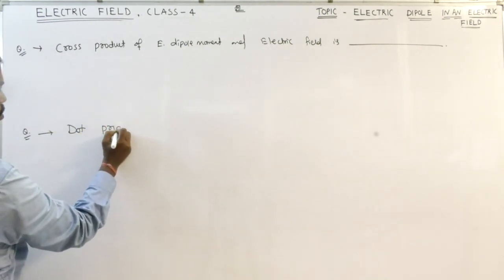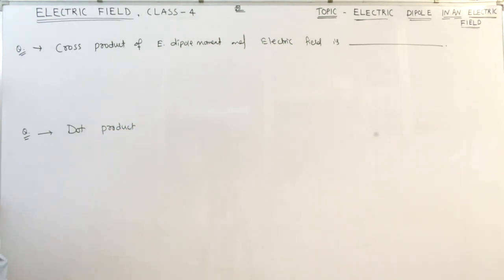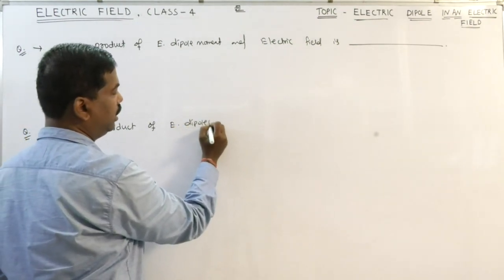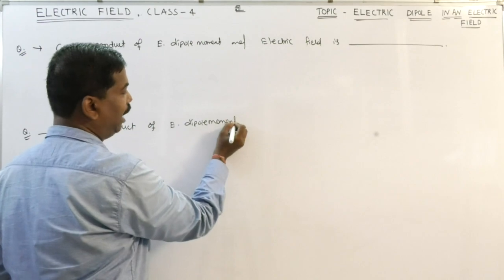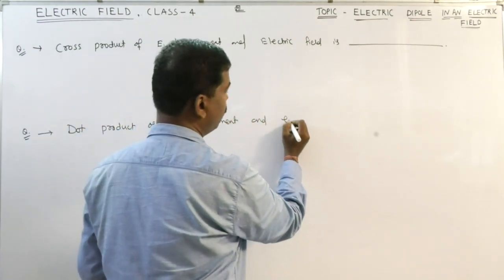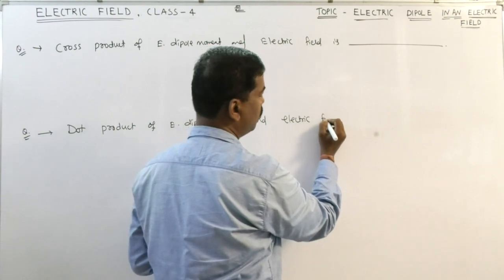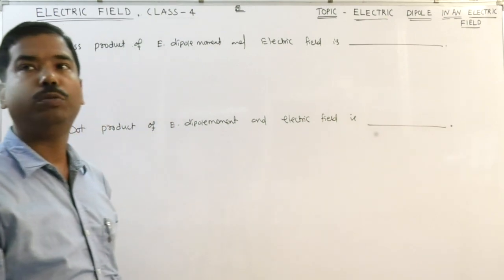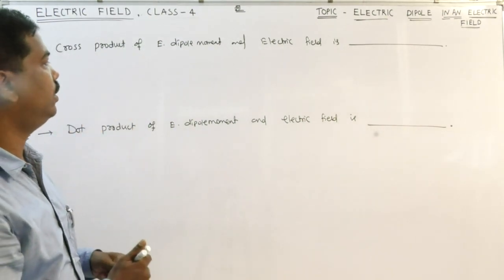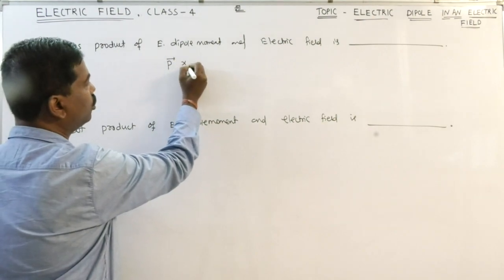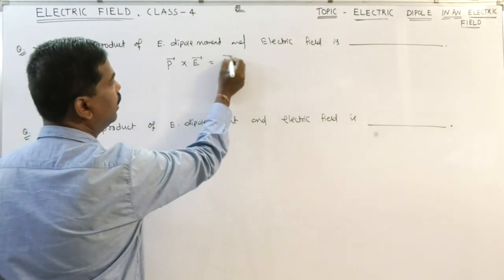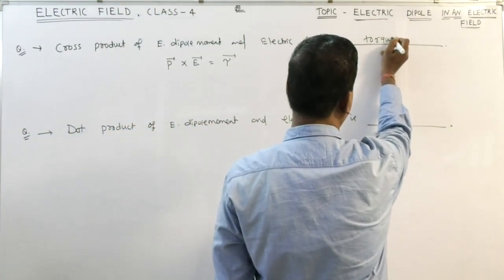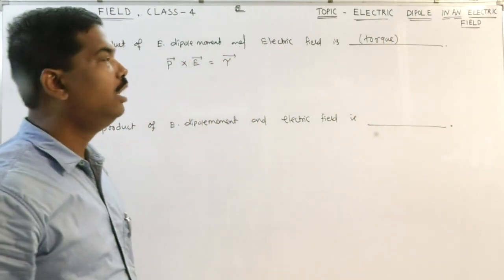Dot product of electric dipole moment and electric field is how much? Listen to me, here the cross product is given. So P vector cross E vector is torque, we know it. So it is torque. Clear? So it is a very easy question.